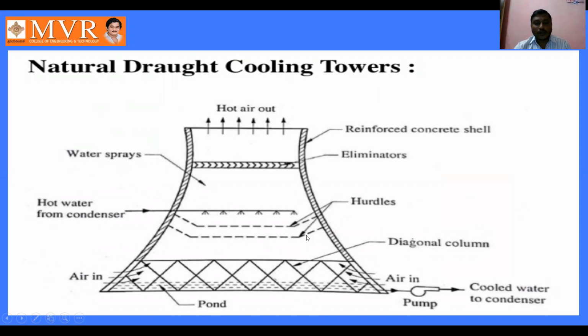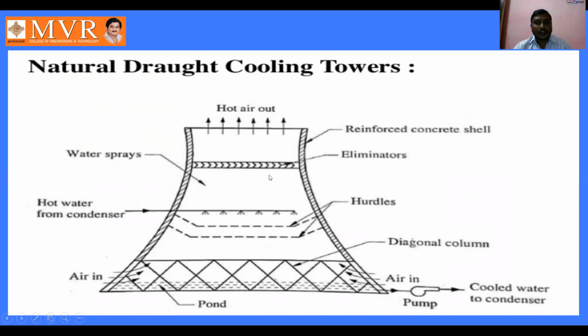The air which enters the cooling tower from the atmosphere takes away the heat. The heat is exchanged from the cooling water to the air. When the air enters the cooling tower, it takes the heat from the water coming down into the cooling tower, and it evaporates to the atmosphere.